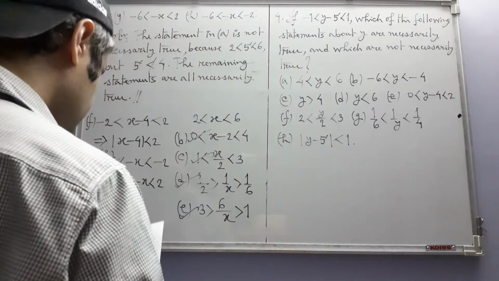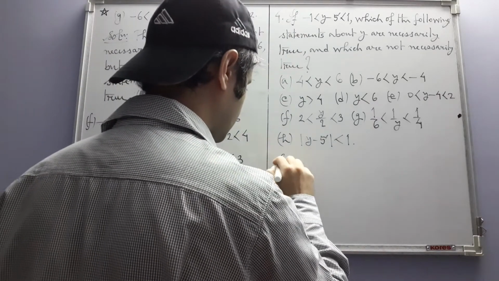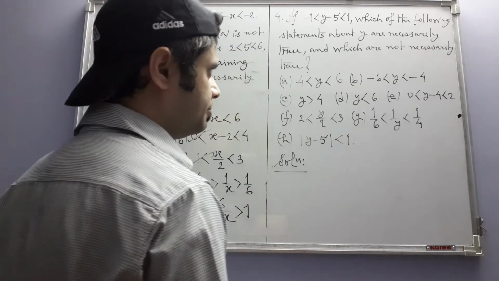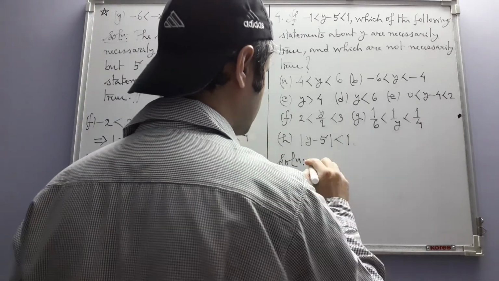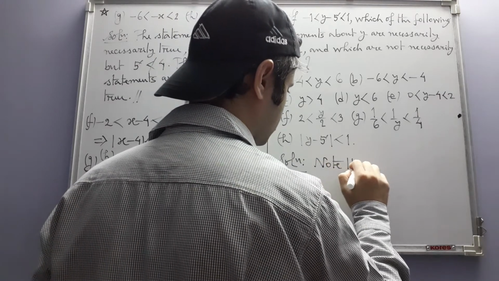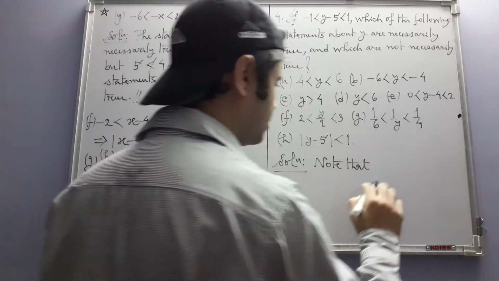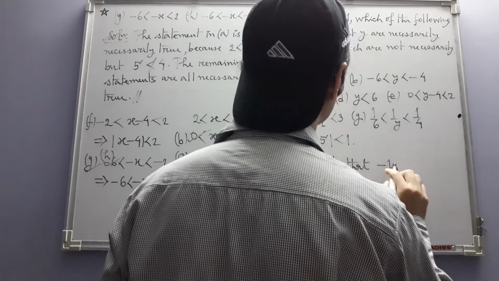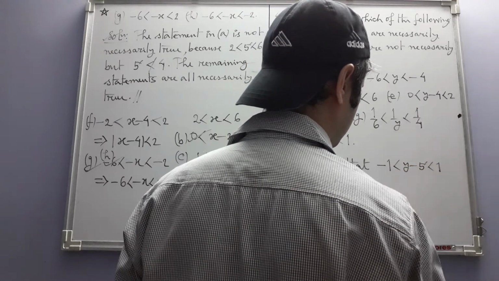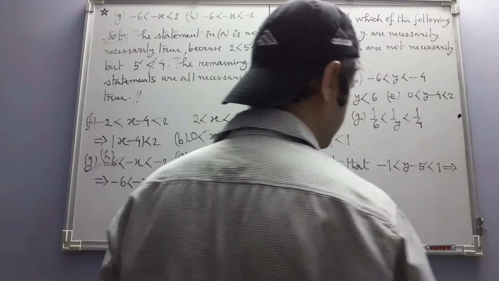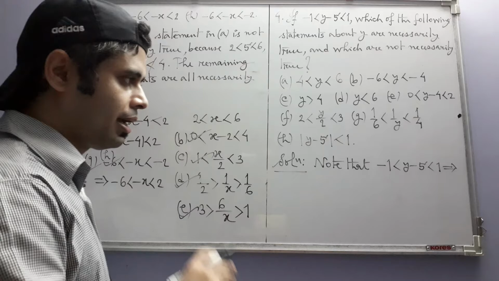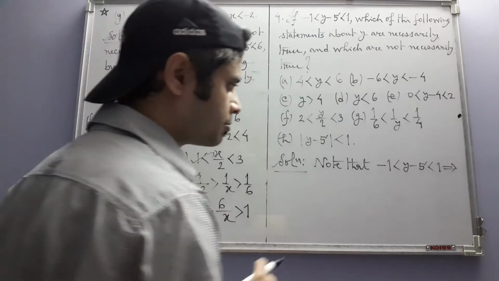Okay. Note that the given inequalities imply, you add 5 throughout, add 5 to all the terms, that we can do.